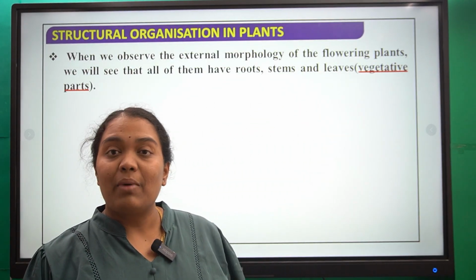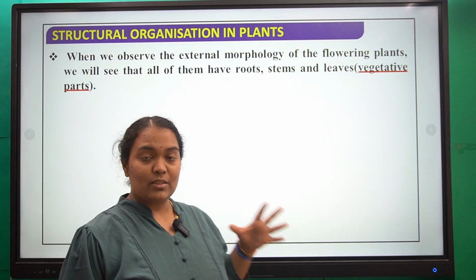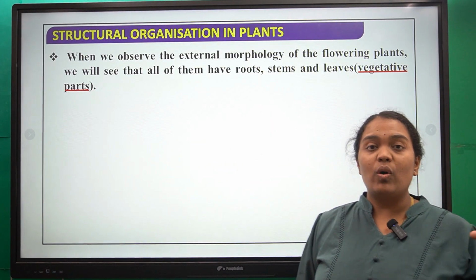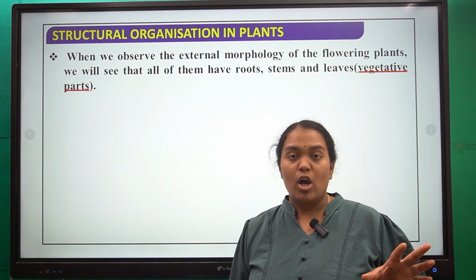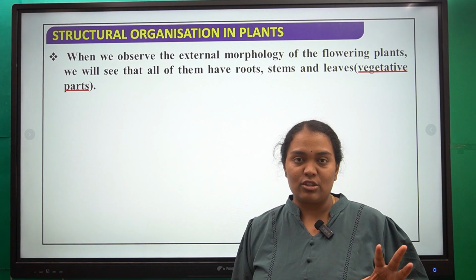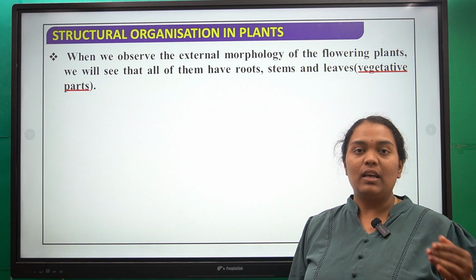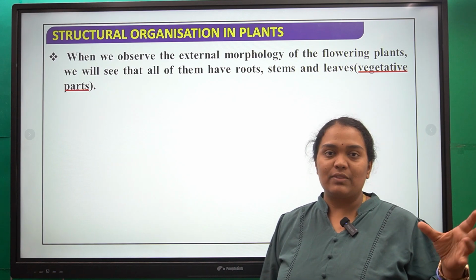Maybe the tomato is being produced, or sometimes you have seen plants whose roots are very tuberous. Tuberous means storing the food material, for example potatoes or the radish. All of these are modifications of the plants to help the continuation of the food cycle, or also to help them grow in a specific environment.